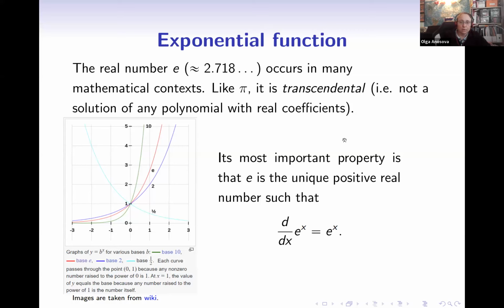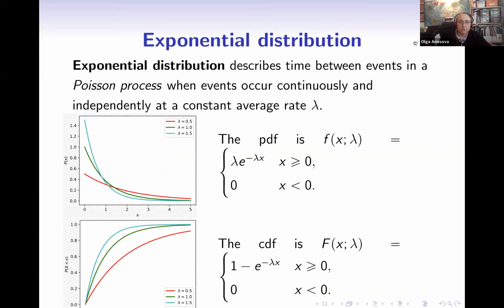And that value allows us to immediately introduce the so-called exponential distribution. An exponential distribution has this formula for the probability density function. It's just some parameter lambda multiplied by exponent to the power minus lambda x. And it has a meaning. So exponential distribution describes time between events, but not any events, events in a so-called Poisson process.